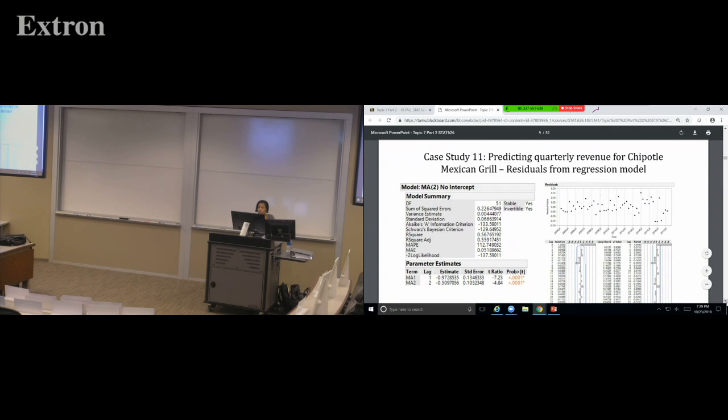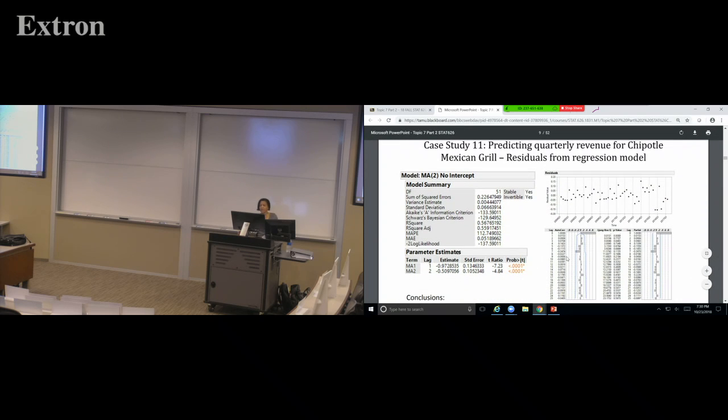What I'm looking for is verification that the residuals look like white noise. All the Q statistics are non-significant, so yes, the residuals do appear to be white noise when I fit a moving average 2 to the residuals from that regression. The parameter estimates are significant.